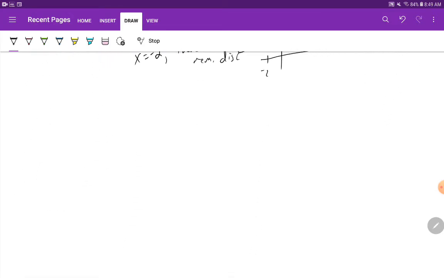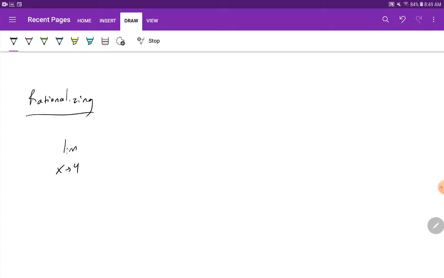Let me do a rationalizing one. I'll just do the first one. Limit as x approaches 4, 3x minus 12 over 2 minus root x. If you don't remember, rationalizing means you need to multiply by the conjugate.